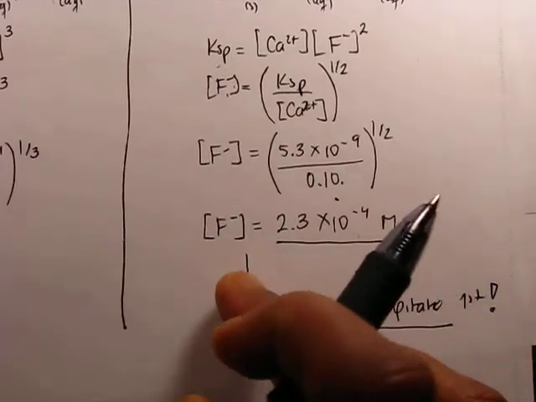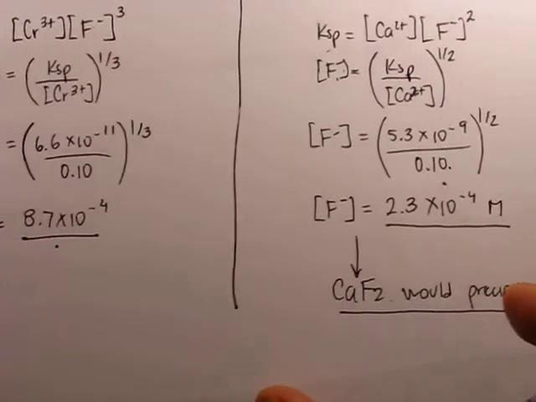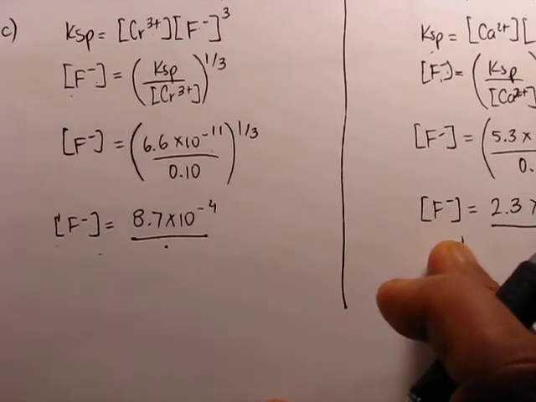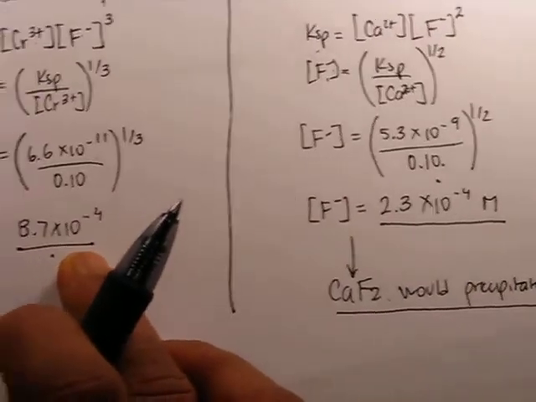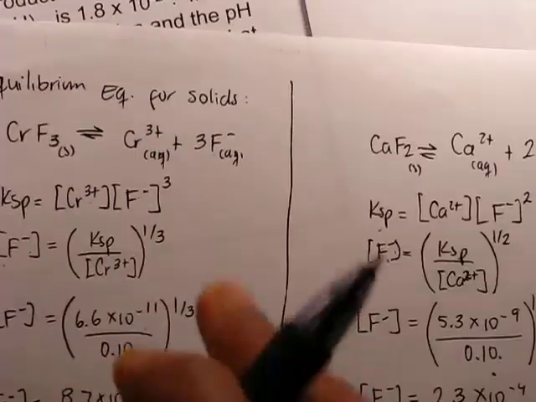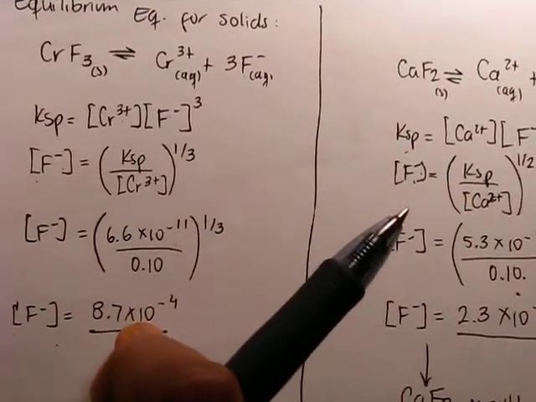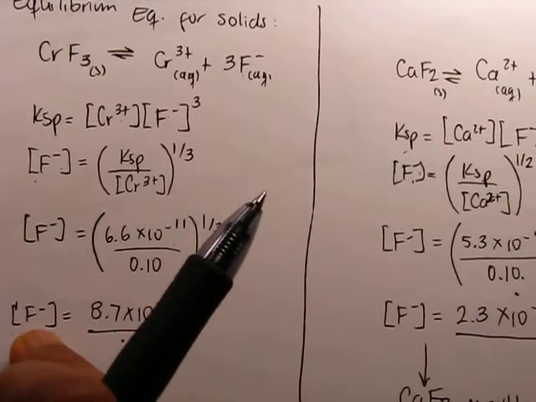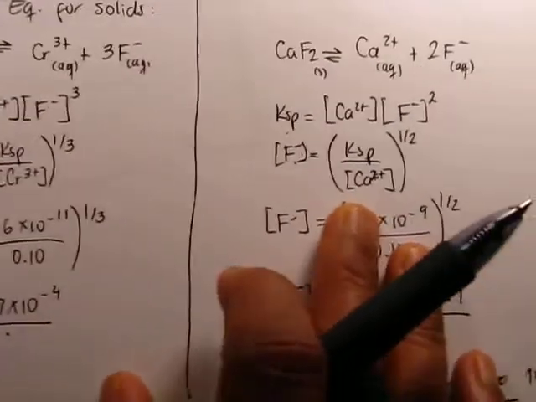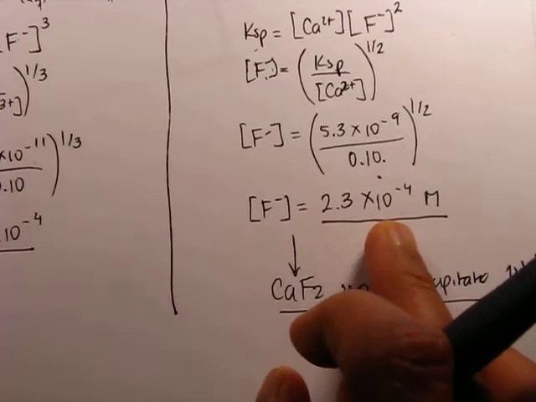Now if we compare these two fluoride ion concentrations, in the chromium case the fluoride ion concentration is 8.7 times 10 to the minus 4, and in this case the fluoride ion concentration is 2.3 times 10 to the minus 4.